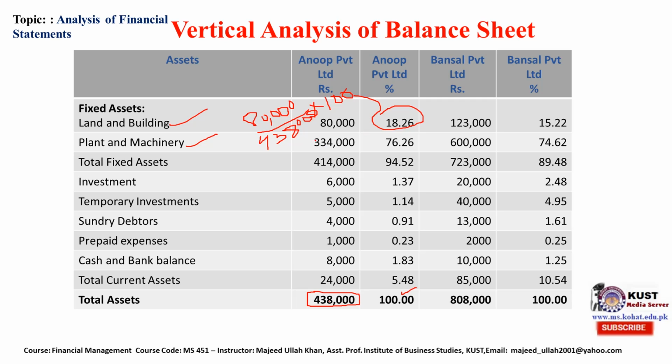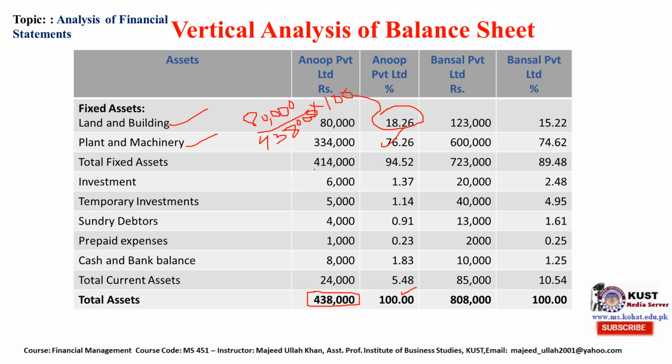How has this 76.26 been calculated? 334,000 divided by this total multiplied by 100 will be equal to this amount.